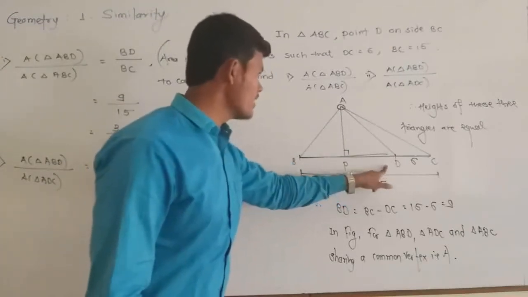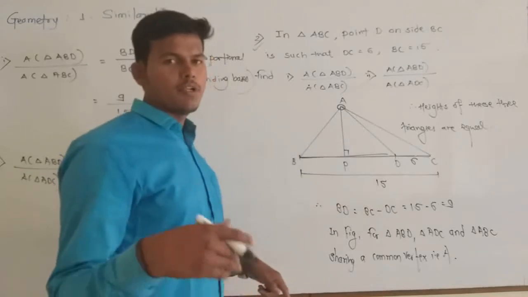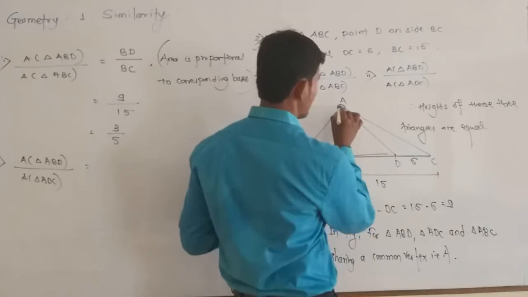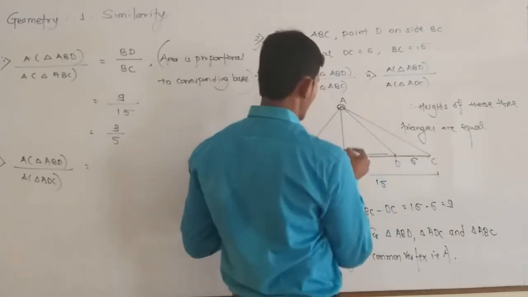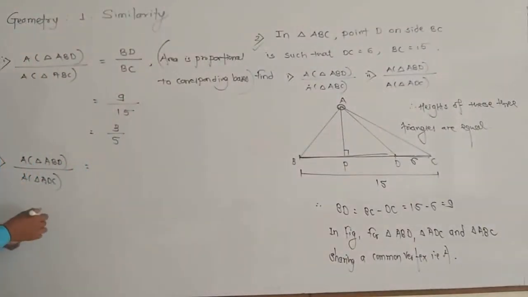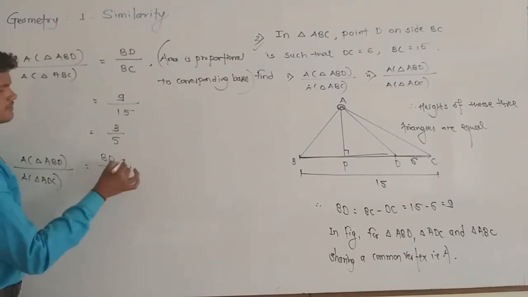BD is the base. Why? Because AP is perpendicular on BD, and if any segment is perpendicular on a line, then it is a base. So BD is the base, and for triangle ADC, AP is the height, so their base is DC. So their area is proportional to bases, that is BD upon DC.